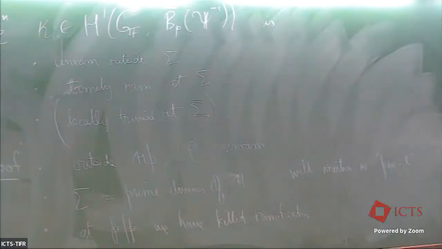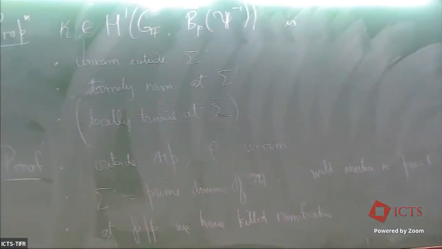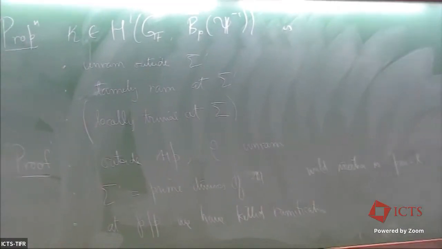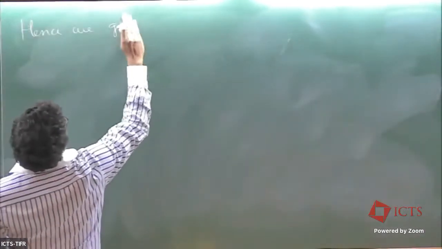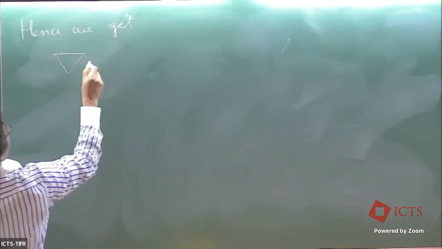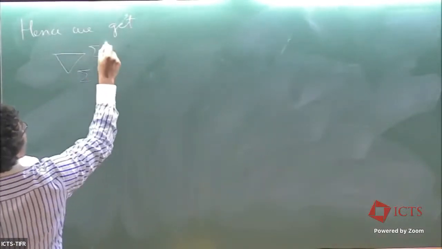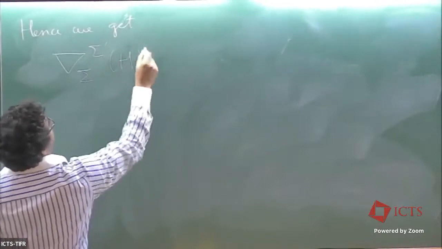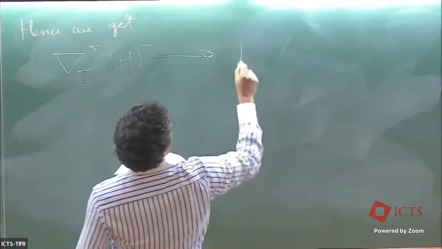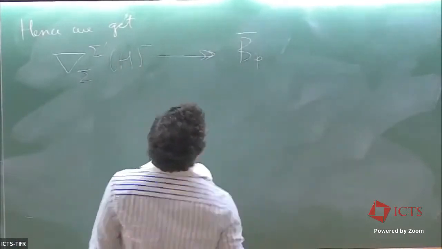Of course, it may happen that we simply don't have enough elements in the module that we want. Hence we get nabla H minus to this BP bar.